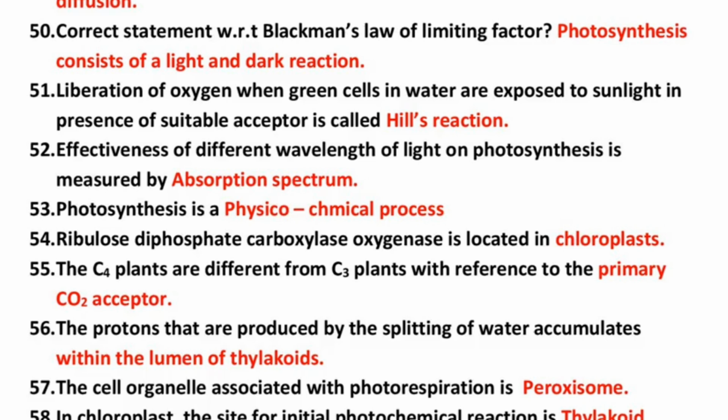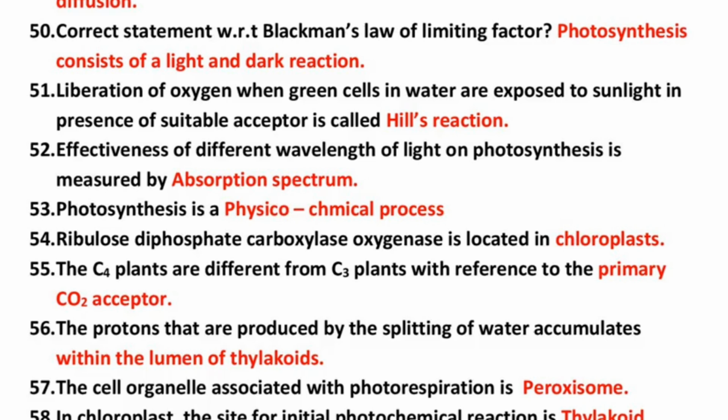Question number 54. Ribulose diphosphate carboxylase oxygenase is located in the chloroplast. Question number 55. The C4 plants are different from C3 plants with reference to the primary CO2 acceptor. Question number 56. The protons that are produced by the splitting of water accumulate within the lumen of thylakoids.